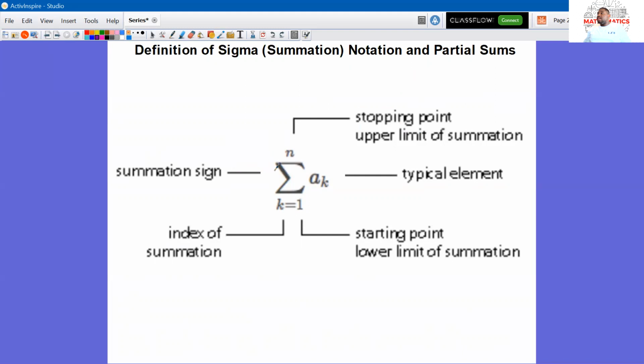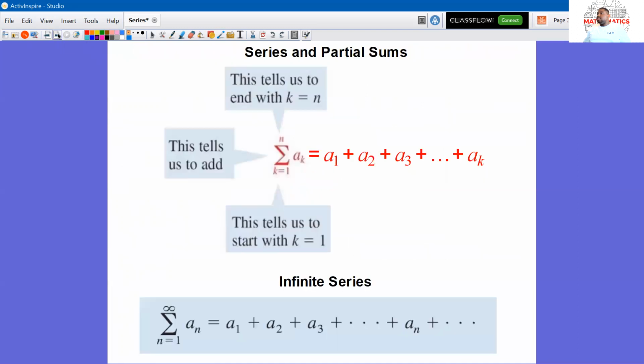You have the summation sign. Down here is called the index of the summation. Then this is called the starting point. This is the element, or the sequence, of the terms we're adding up. And this is the number we stop at. So it's understanding notation.